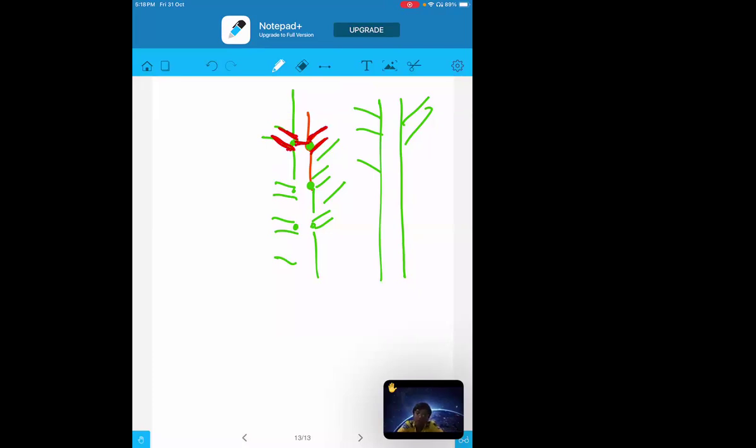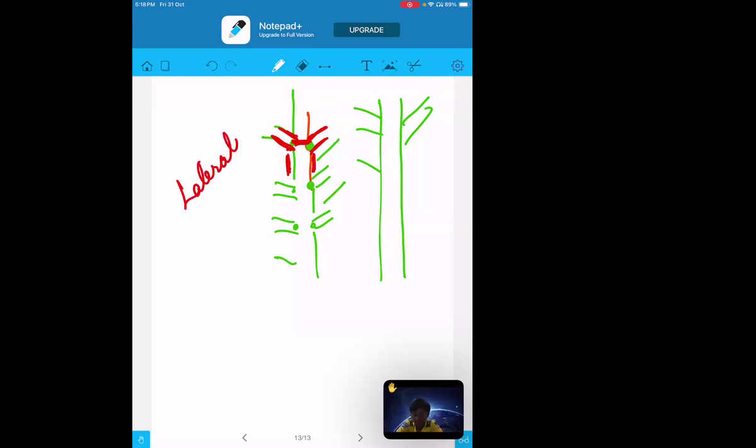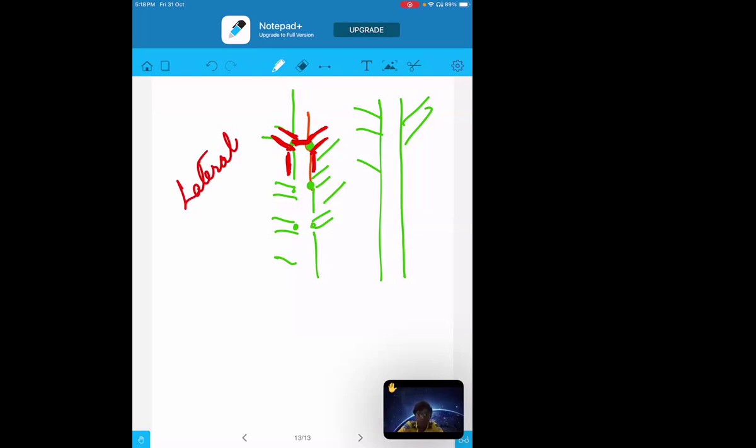No, this is not called an internode. This is called an internode. The lateral positioning, the sideways part, is called the lateral one. So that lateral one is called the internode.